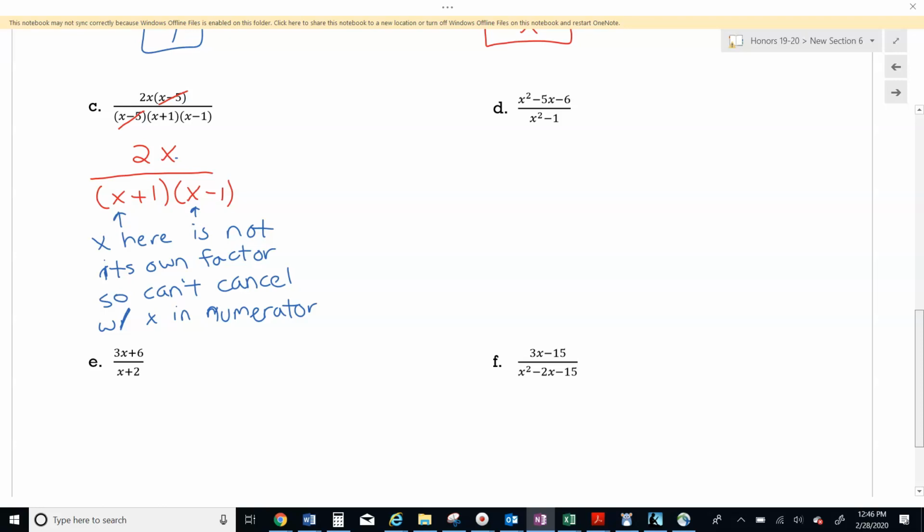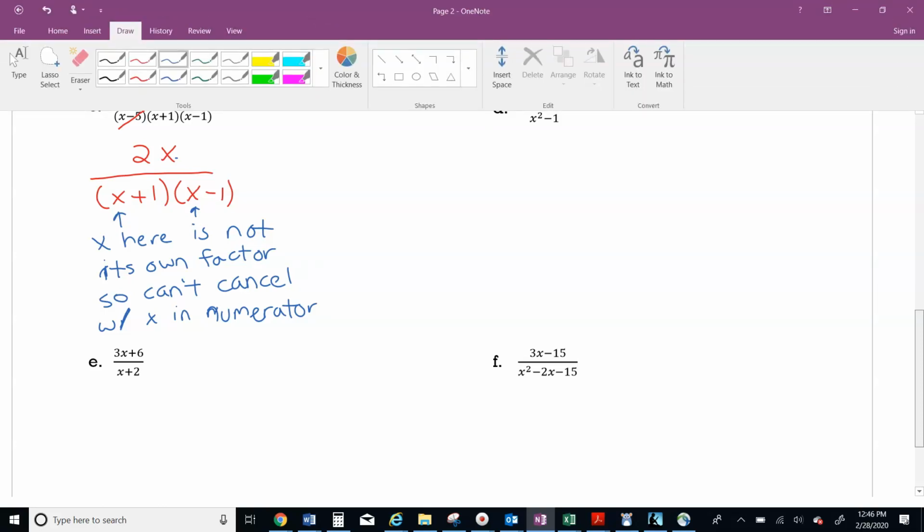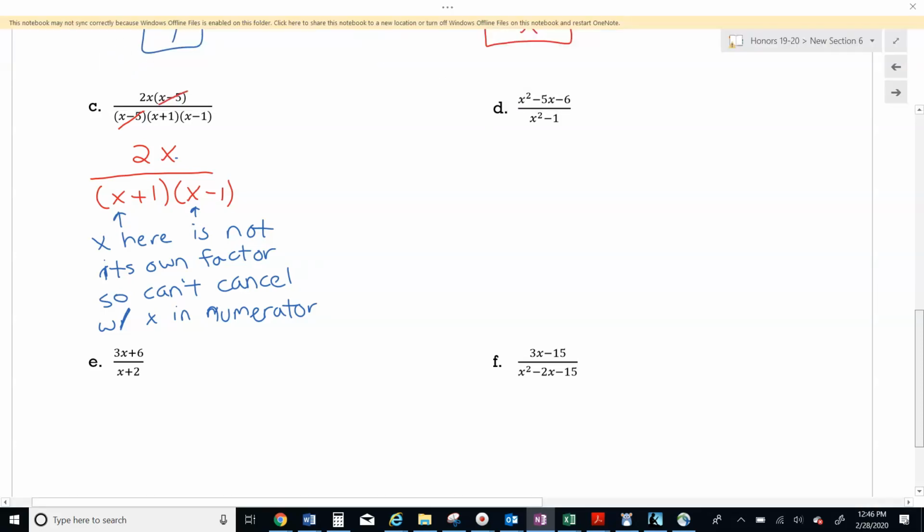All right, letter D. I have x squared minus 5x minus 6 and x squared minus 1. So for here, my step 1 is going to be factor the numerator and the denominator.